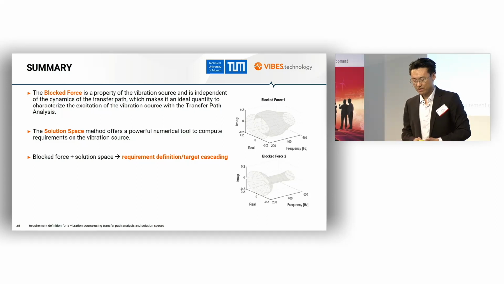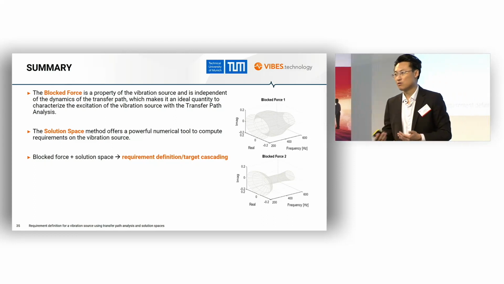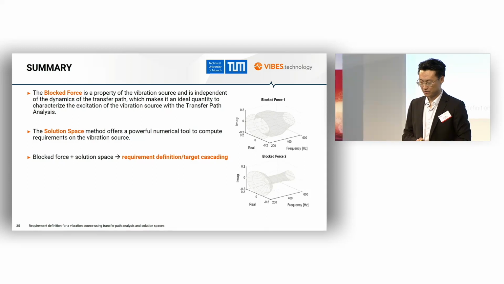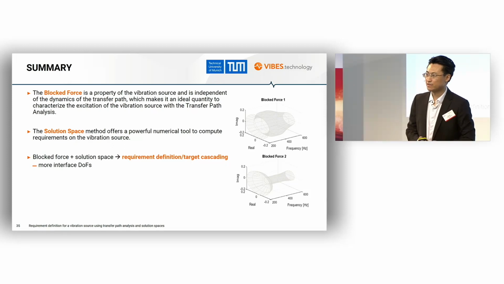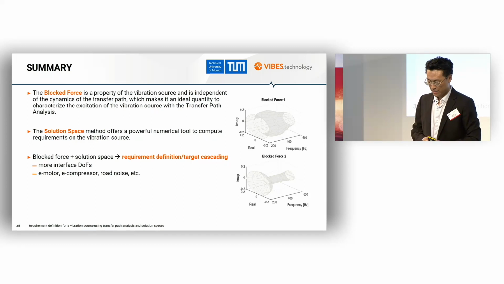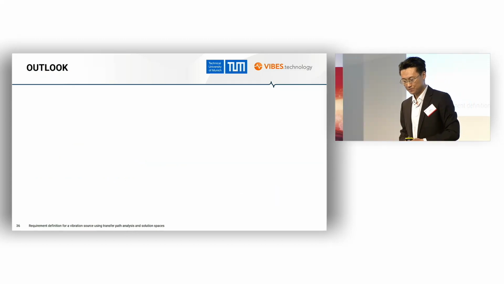So if we combine them together, we can compute the requirements on component, or specifically on vibration source, in a quantitative manner. And although we only show the example with 2 interface stops, it's actually also valid for applications with more interface stops. And it can be also used to compute requirements on other vibration sources.